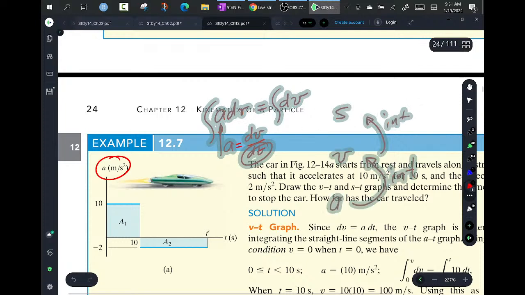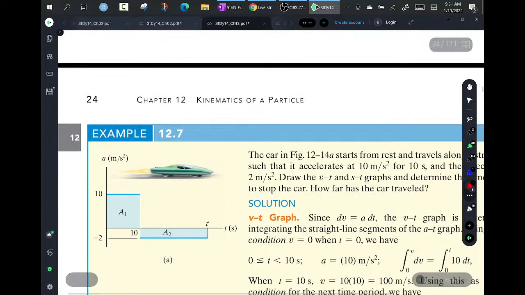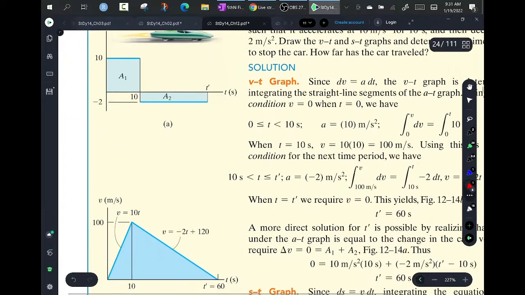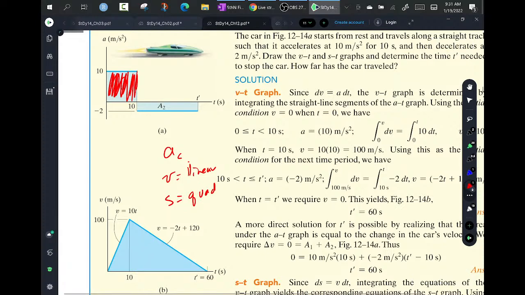Fairly simple case in which it's constant, constant. Well, that's kind of nice because the next plot should have straight lines. Okay, so you take area 1. What you could do with this, let me shrink it down. Since you know it's constant, you know it's going to be linear. So in other words, if A is a constant, V will be a linear function, and position will be a quadratic. That's just the way things go with integration.